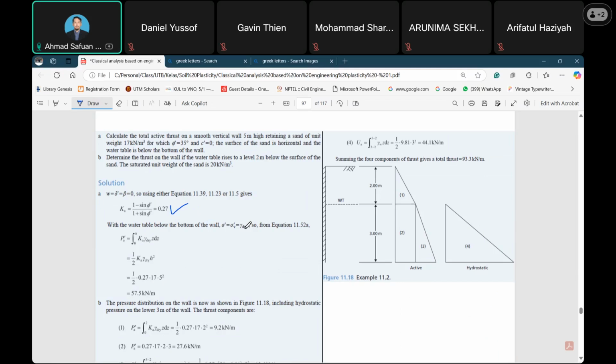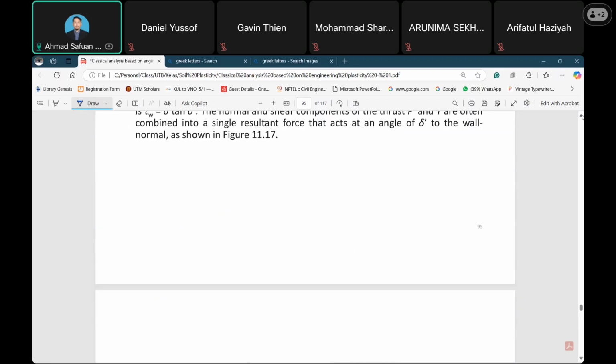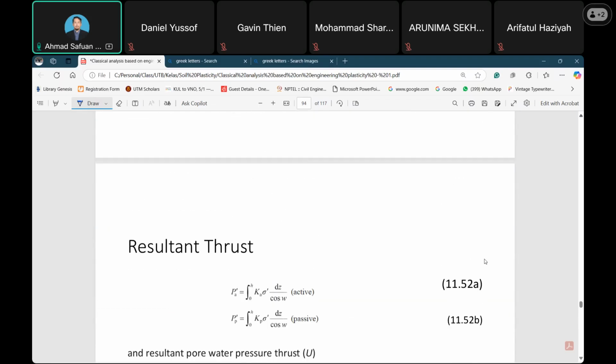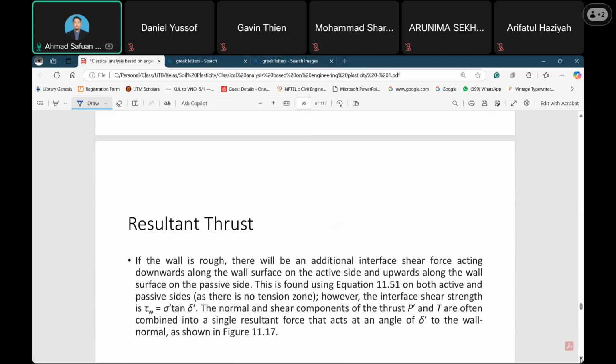With the water table below the bottom of the wall, it means the sand is dry. So you use the sand unit weight of 17. Based on equation 11.52a from our previous discussion of the total resultant, 11.4, cos omega is cos 0, which is 1.